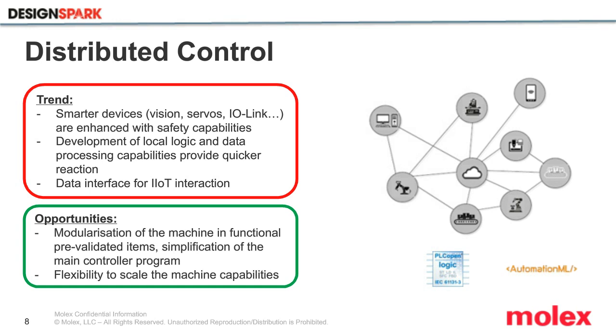The logic programming is also transitioning from the classic programming languages we know today, ladder logic for example, to new configurable logic units based on a predefined function library, which already incorporates dedicated and proven functional modules.